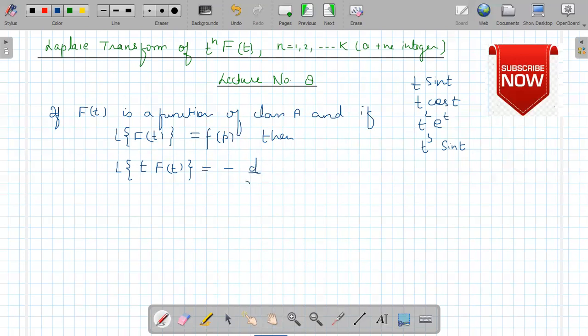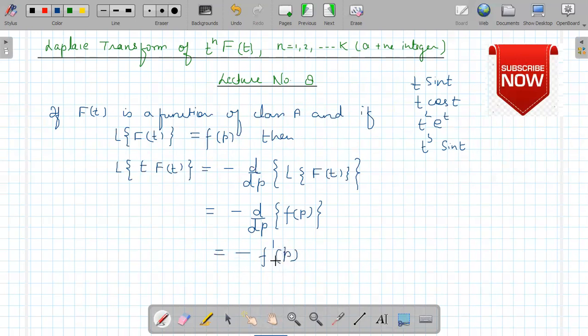d over dp of Laplace transform of f(t). In other words, you can also write it as d over dp of F(p), or nothing but F dash p.